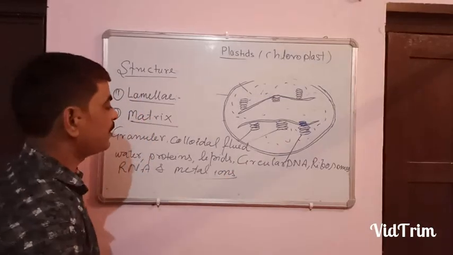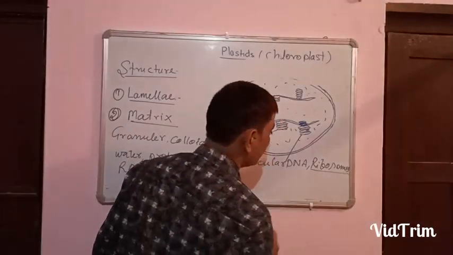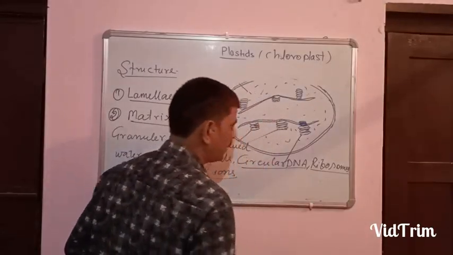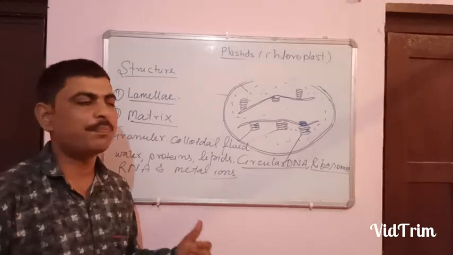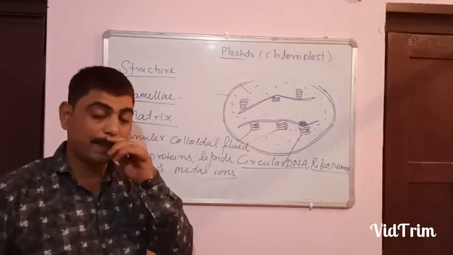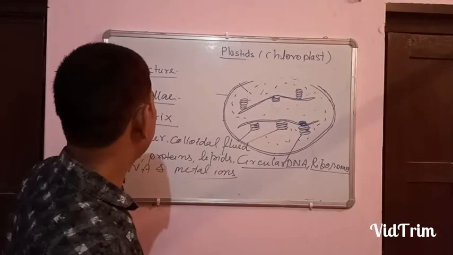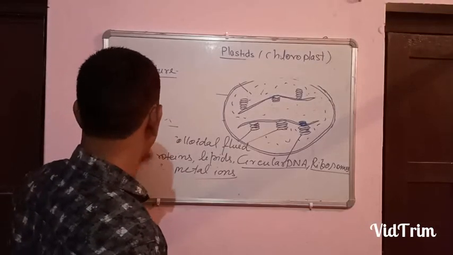And because of the presence of ribosomes, it is able to synthesize its own protein. Because of the presence of circular DNA, it is able to make its own copy. That's why it is called the semi-autonomous organelle of the cell. Okay, let's talk about their function, what they do.